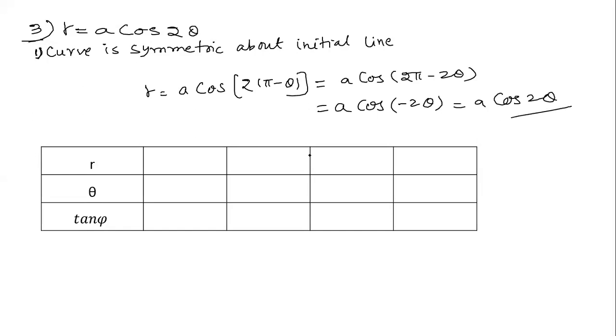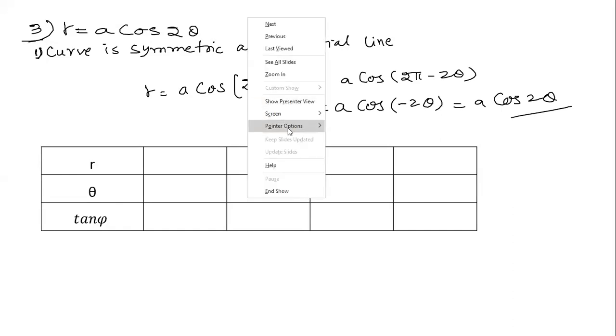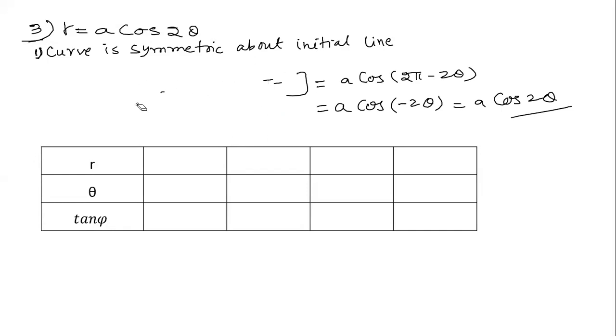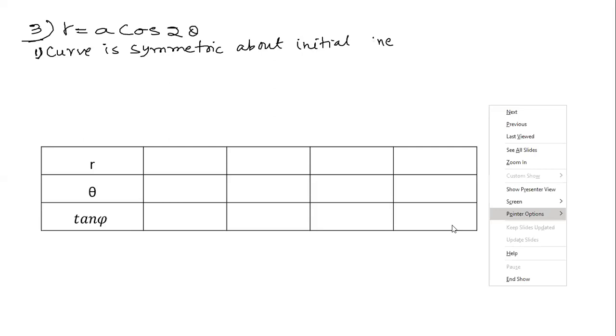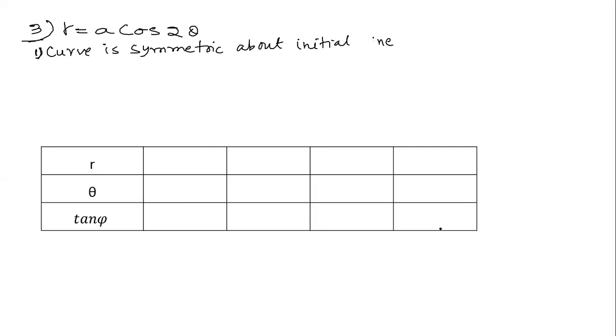So what has happened? On replacing theta by pi minus theta, again we are getting the same equation. So property 2 is also satisfied, and we can say that the curve is symmetric about the vertical axis also. Both properties are satisfied, the initial line and the vertical axis.